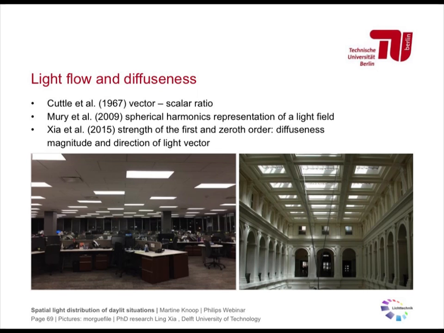And he uses a cube with 6 illuminance measures to describe this lighting, spatial light distribution. And Murray and colleague looked at the spherical harmonics representation of a light field, and Ms. Xia actually kind of combines both ways to look at the directionality and diffuseness of lighting.